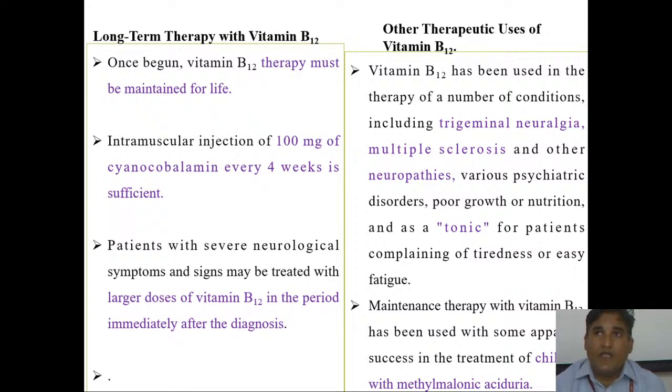Other uses of vitamin B12 are in trigeminal neuralgia, multiple sclerosis, neuropathic pains, various psychiatric disorders, poor growth in nutrition, and when the person is feeling tiredness. And children with methylmalonic aciduria, it is a very common problem, are treated with vitamin B12.